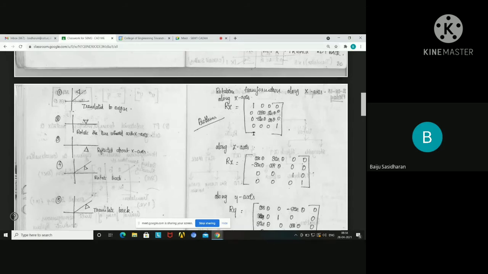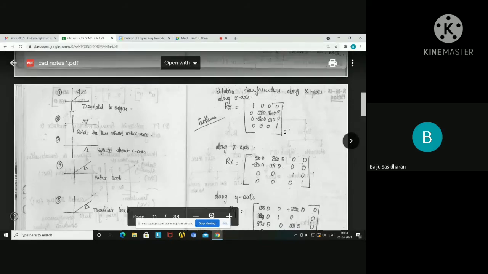And here it is 0 0 1, with cos theta, sin theta, minus sin theta, cos theta. This is the matrix for rotation about the x-axis.